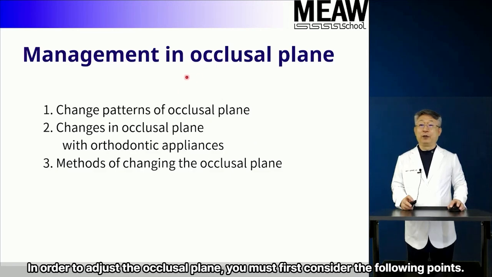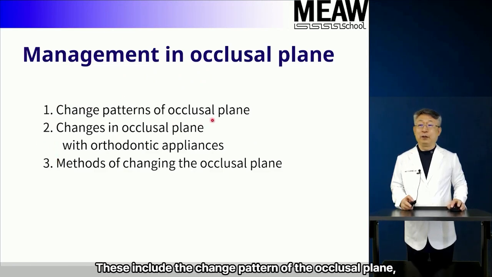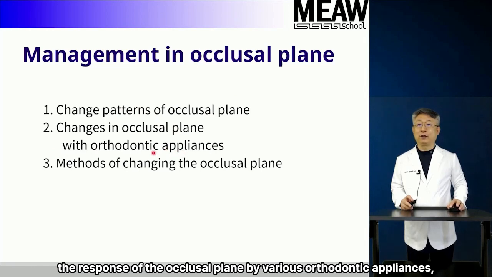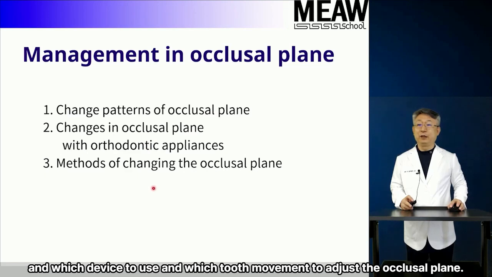In order to adjust the occlusal plane, you must first consider the following points. These include the change pattern of the occlusal plane, the response of the occlusal plane by various orthodontic appliances, and which device to use and which tooth movement to adjust the occlusal plane.